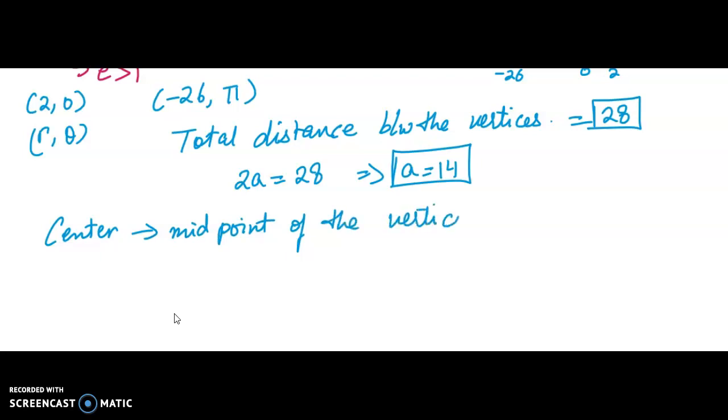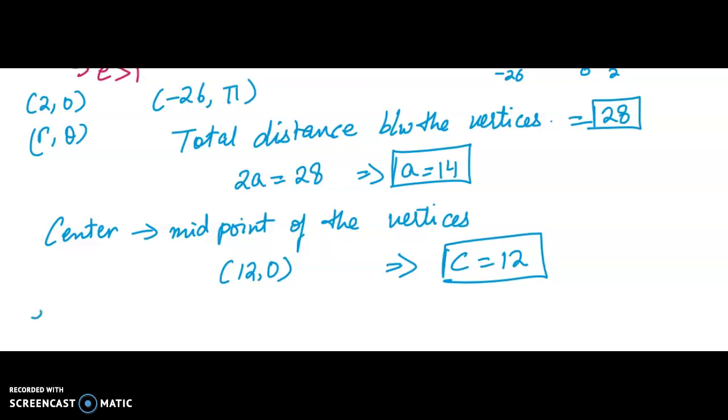If the total distance of the vertices is 28 and a is 14, so what we are looking for is the center as 12 and 0. From this I can conclude that c is nothing but 12. Now we have a, we have c.